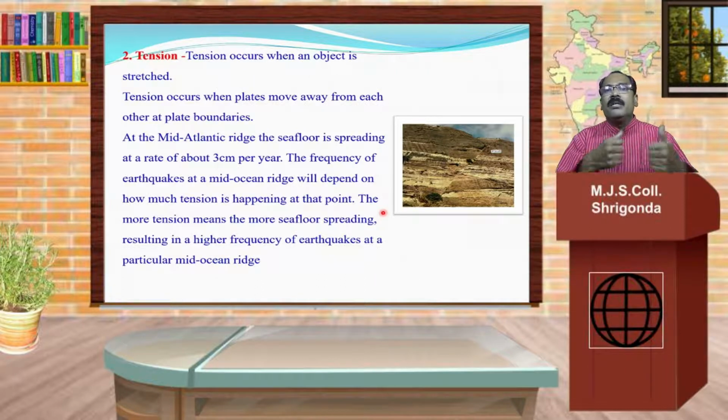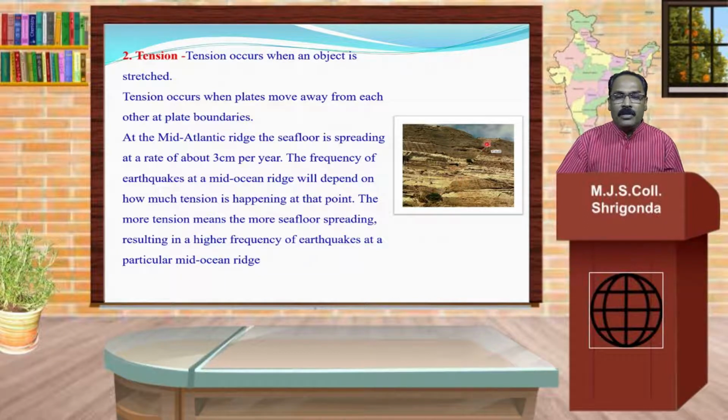Then the tensional force. Tension occurs when an object is stretched. Tension occurs when plates move away from each other at plate boundaries, and these are the tensional faults. At the Mid-Atlantic Ridge, the seafloor is spreading at a rate of about 3 centimeters per year.